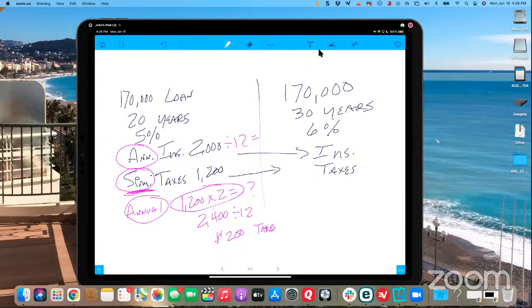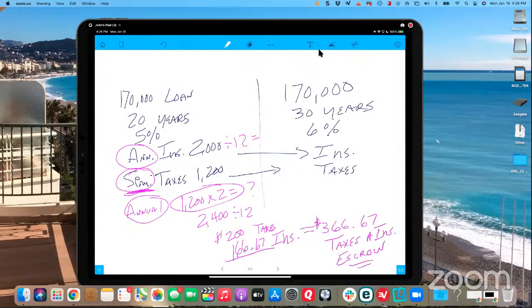And that gives us 166.67 for insurance. Now, those two added together equals 366.67. This is your taxes and insurance. Sometimes they refer to that as your escrow.